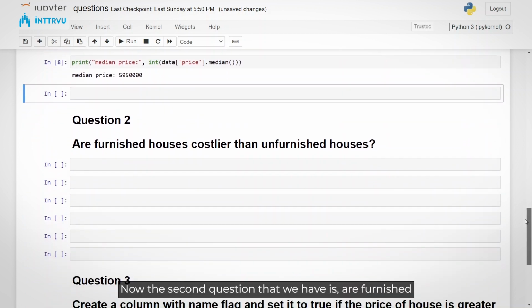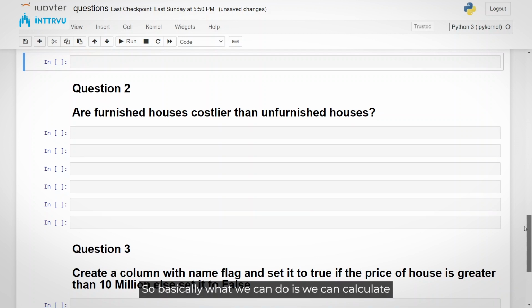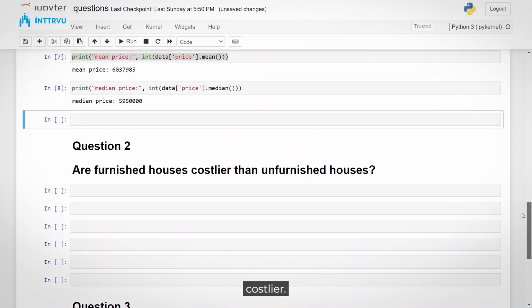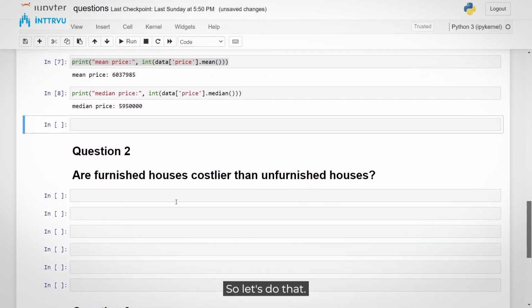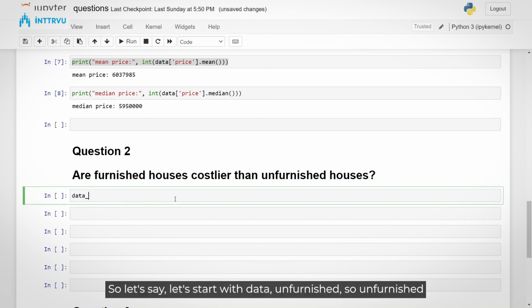Now the second question that we have is: are furnished houses costlier than unfurnished houses? Basically what we can do is calculate the average price of furnished, semi-furnished and unfurnished houses, and that would tell us which kind of houses are costlier. So let's start with data unfurnished.